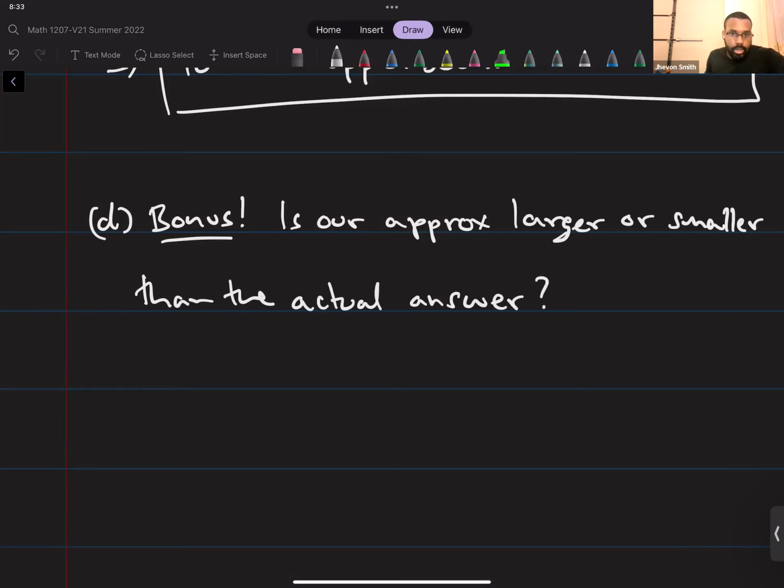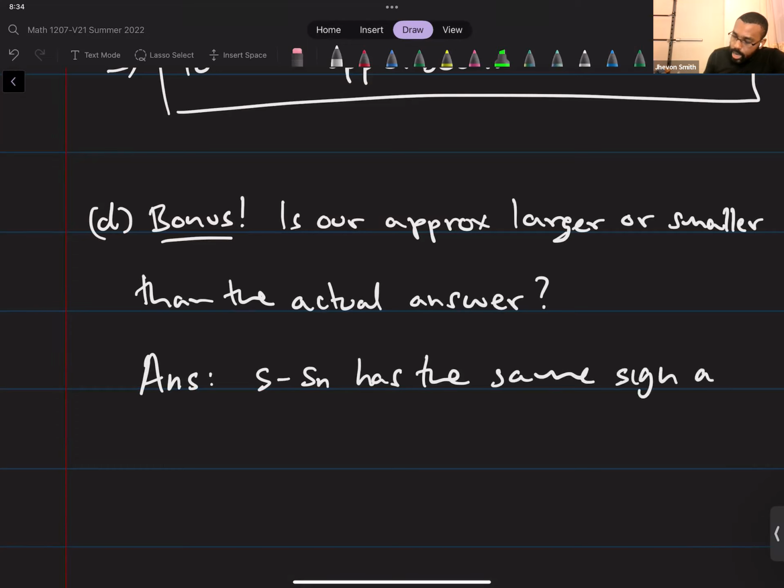Right, I could ask that. And the answer to that would be, well, S minus Sn has the same sign as the an plus 1 term.